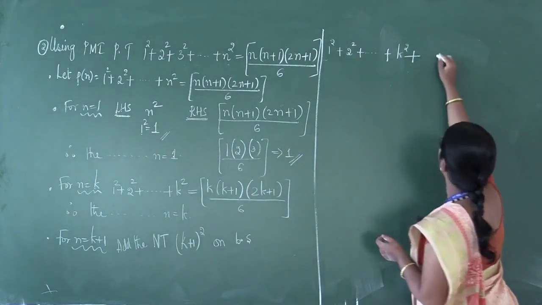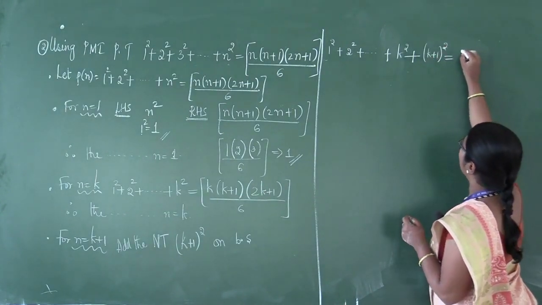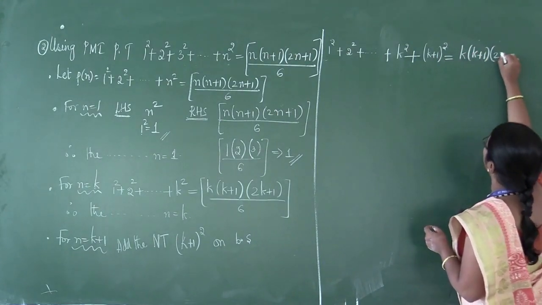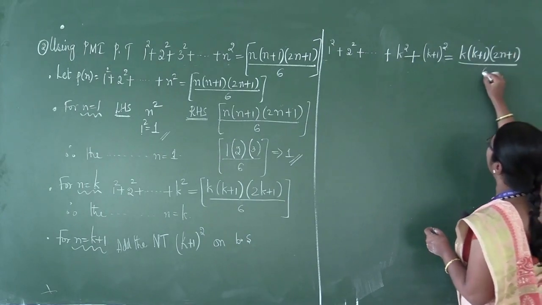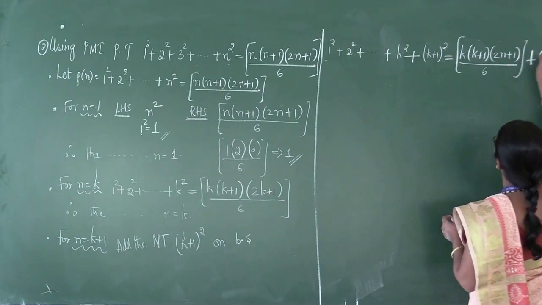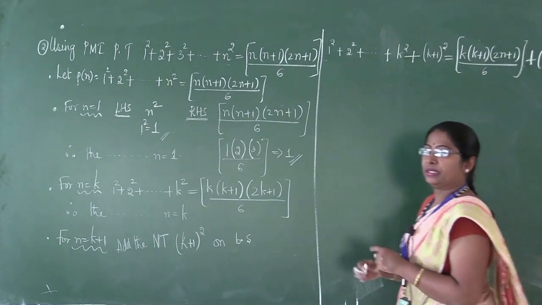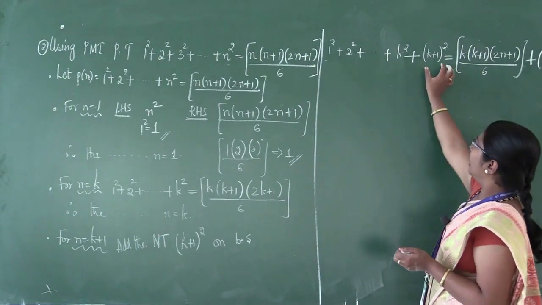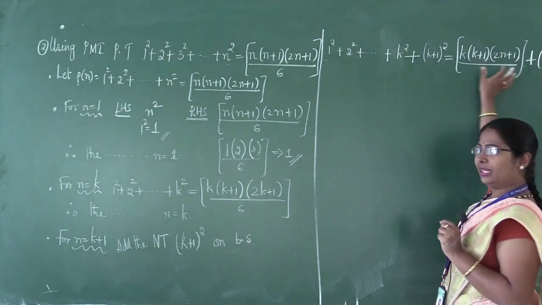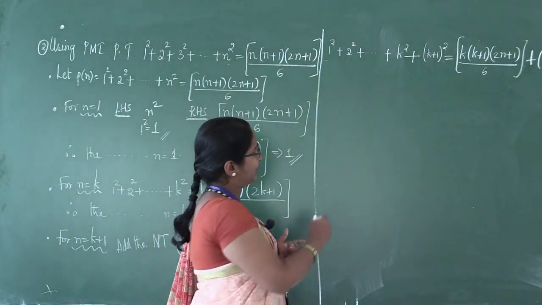So, which term shall I add here? k plus 1 whole square equal to, what is in the RHS? k into k plus 1 into 2k plus 1, complete thing divided by 6 plus, which is the term I have to add on the RHS as well? k plus 1 whole square. So observe here, I have added the next term on the LHS as well as I have added the next term on the RHS. Now, further simplifying, I will simplify the RHS part now.